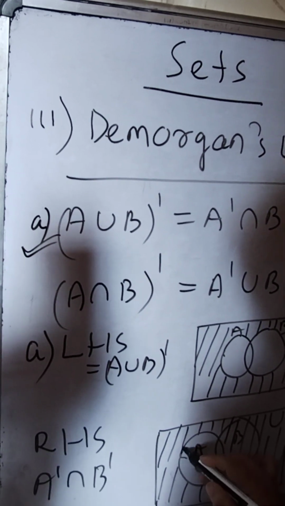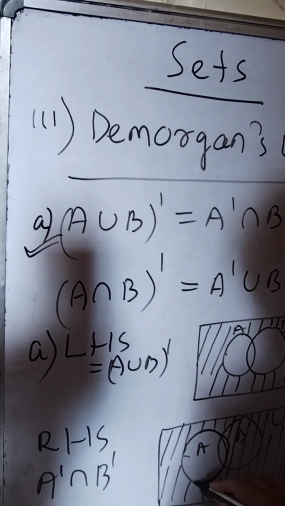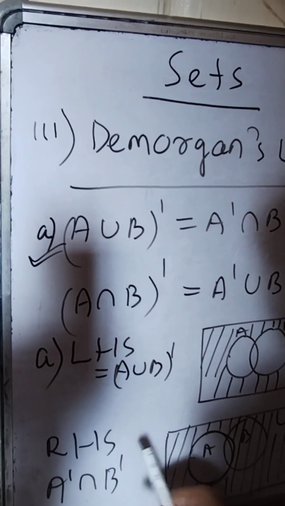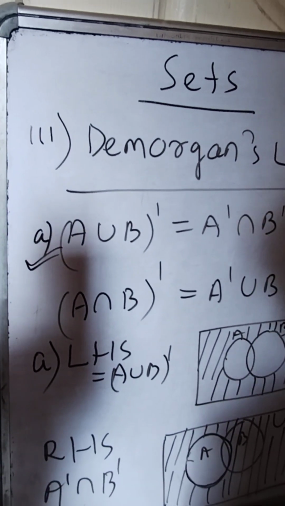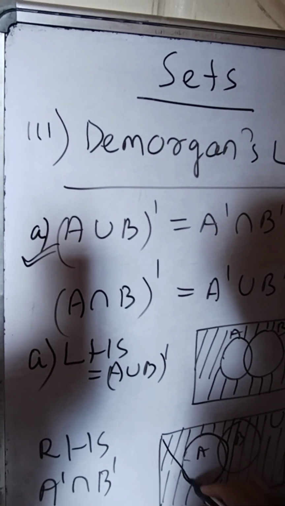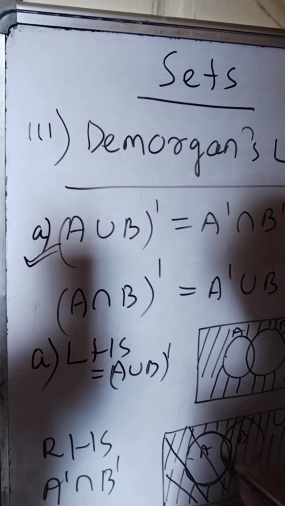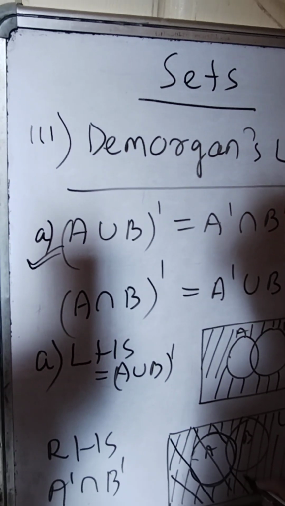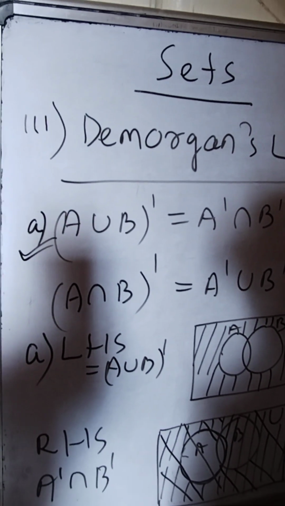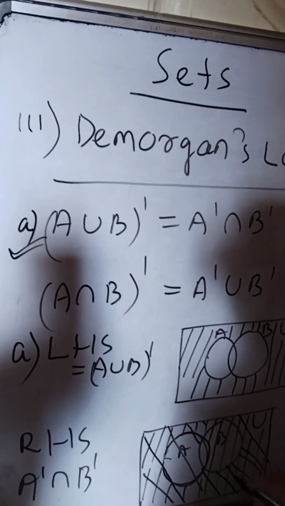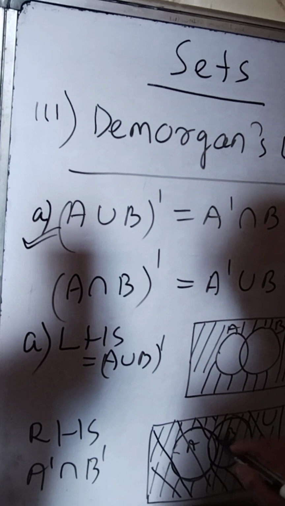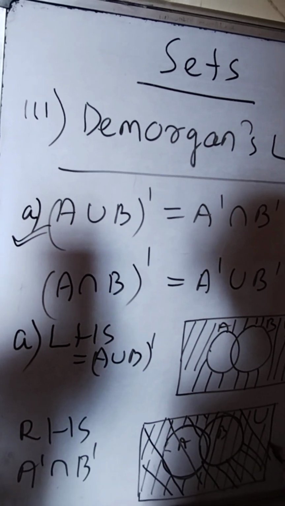You see here, excluding the elements of set A, rest elements are your A complement. Now find B complement. B complement means excluding the elements of B, rest elements. Yes, excluding the elements of B, rest elements are your B complement.